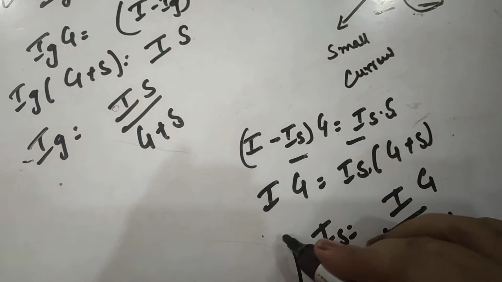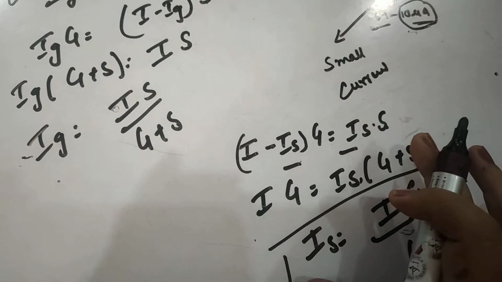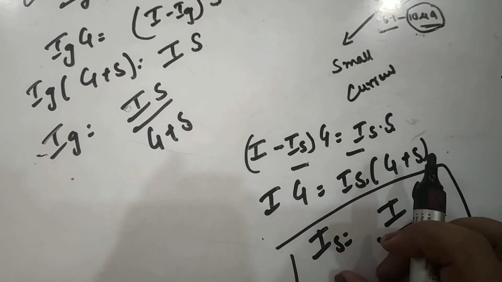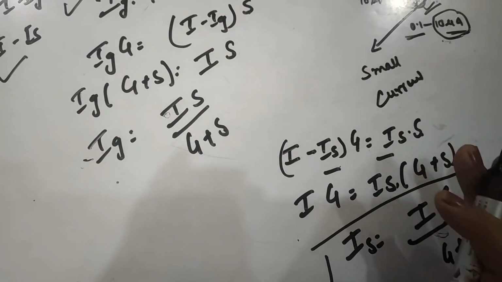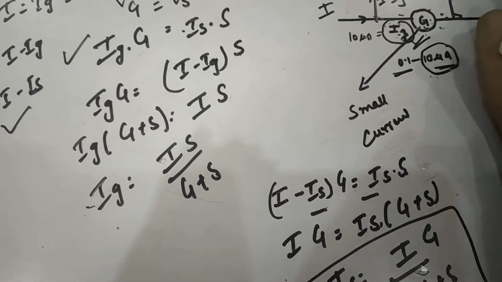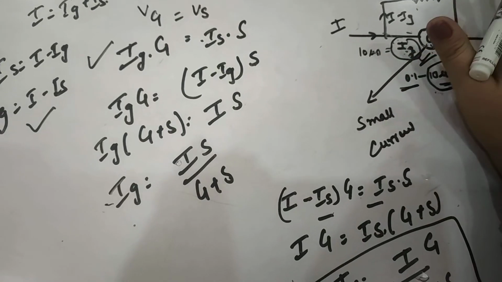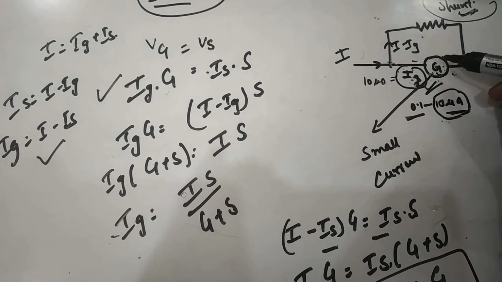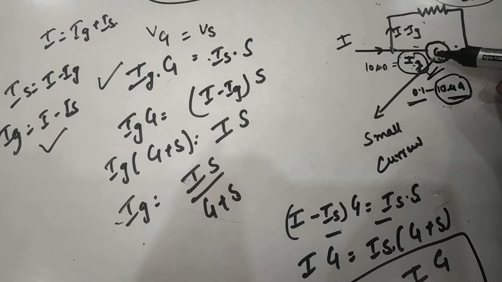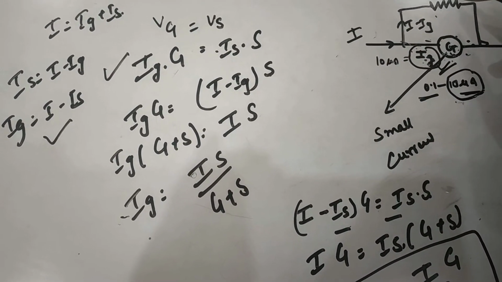So similar to that, we have calculated the value of the current which could pass through the shunt. These are the two values of the current which could pass through either the shunt or the galvanometer, and the arrangement in which a low resistance shunt is connected to the galvanometer is said to be converted into an ammeter.